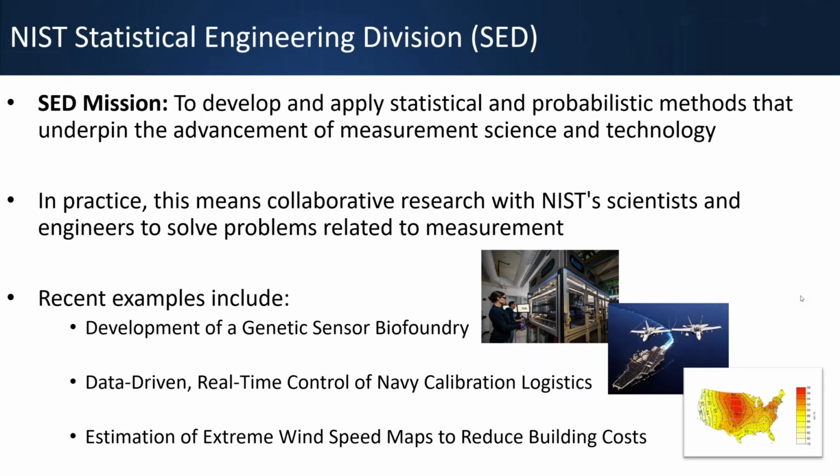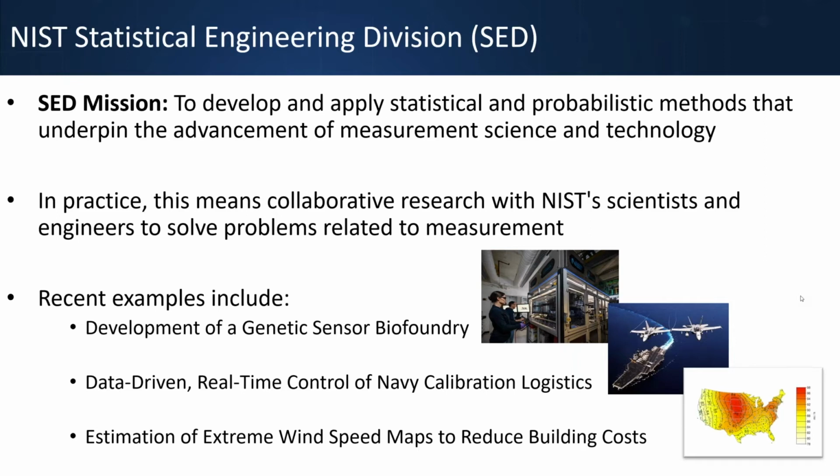But there's a little difference, we believe, between how he was thinking about it and how it's being used to define this new discipline that we're all interested in. It seems that Churchill was thinking about engineering statistics, the application of statistical methods to other engineering problems. And that is a lot of what we do in our division, but we increasingly do what I think of as the discipline of statistical engineering as well.